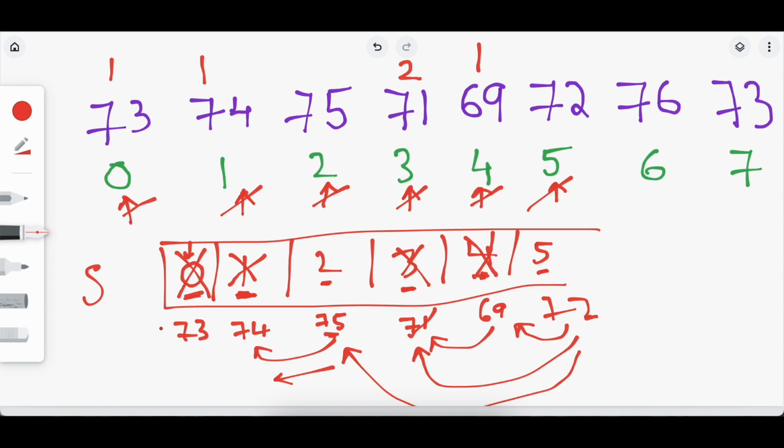I'm not moving further because if you look at the array, what we are basically doing is we are maintaining a strictly decreasing array. So we initially had 73 and then we had 74. So that means we popped 73, and then when 75 came, we popped 74, and then when 71 came, we did not pop anything because this value is not greater than 75, and then 69 came. So basically we are maintaining a strictly decreasing array.